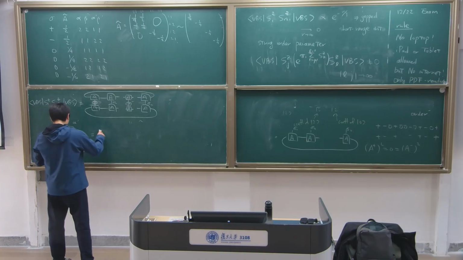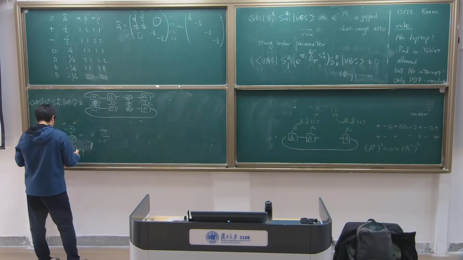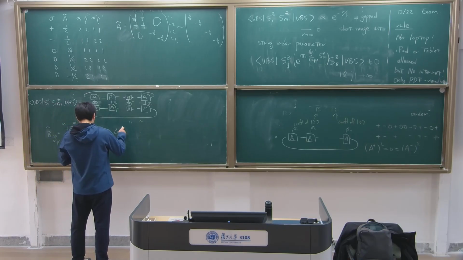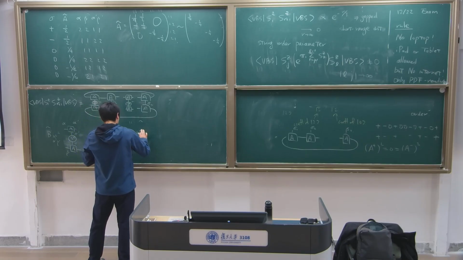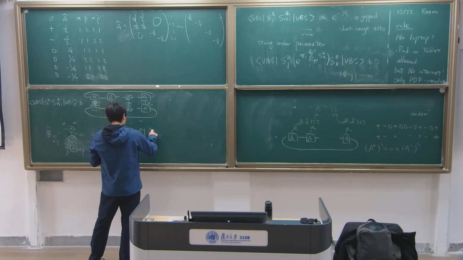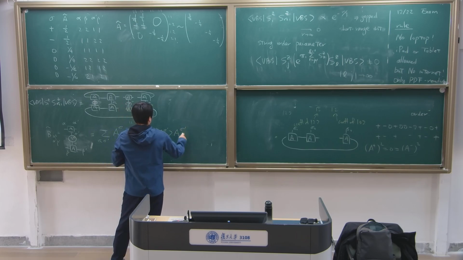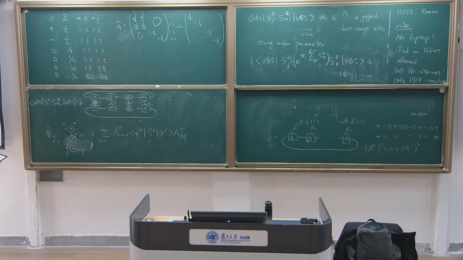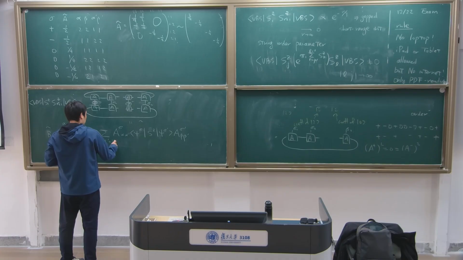Therefore, this one is equal to the sum over sigma and sigma prime. So this is sigma and sigma prime, and then sigma alpha prime, and then sigma beta, and then here we have sigma prime, beta prime, like this. That's what we need to compute. Okay. And the sigma minus sigma prime is of course plus minus 1.